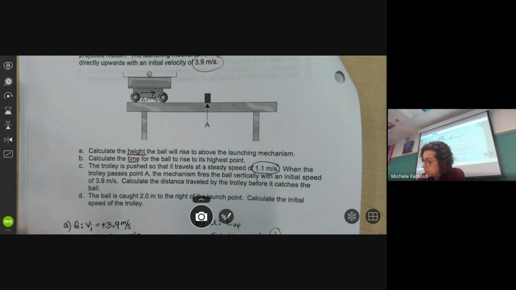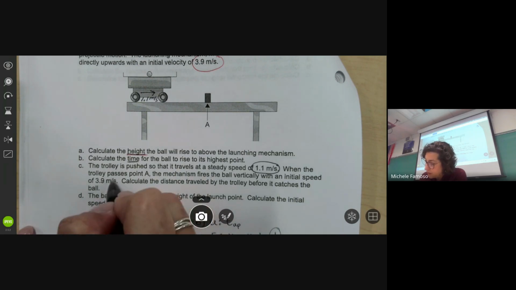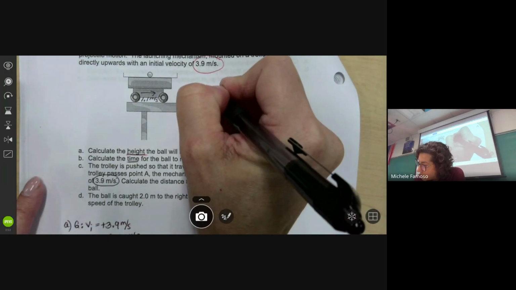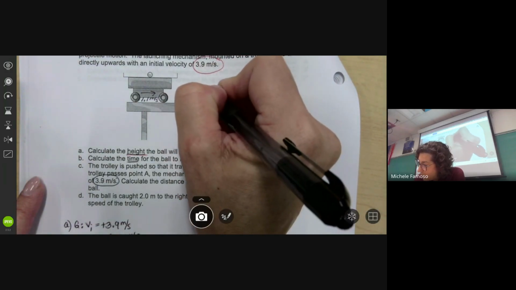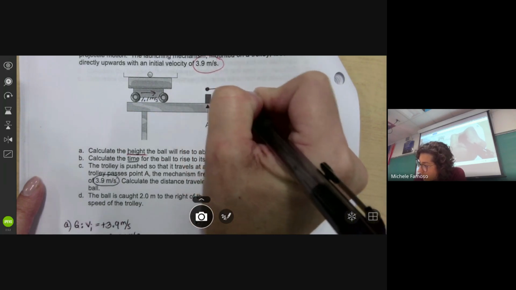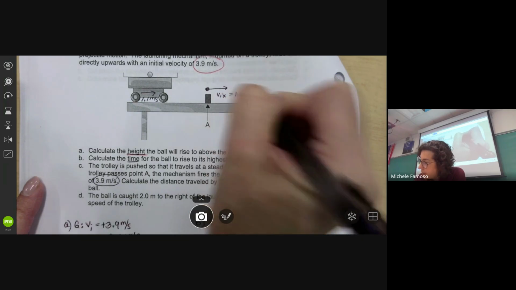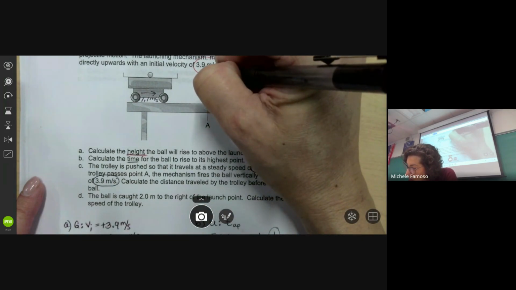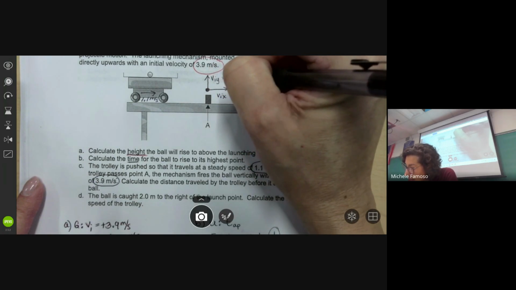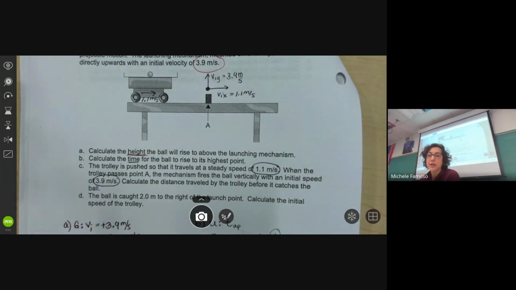And when the trolley gets to point A, the mechanism fires the ball vertically with that initial speed of 3.9 meters per second, which means when this ball gets to this point, it's going to be going horizontally at 1.1 meters per second, and it's also going to be going up at 3.9 meters per second. That's what it's telling you happens right there at point A.